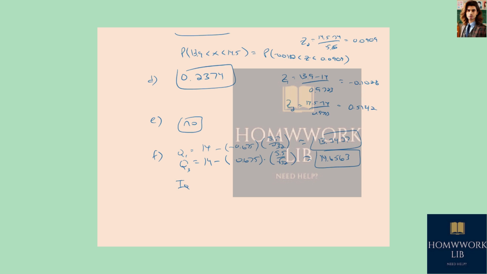So the interquartile range is the difference between them. And that comes out to 1.3126 to 4 places.